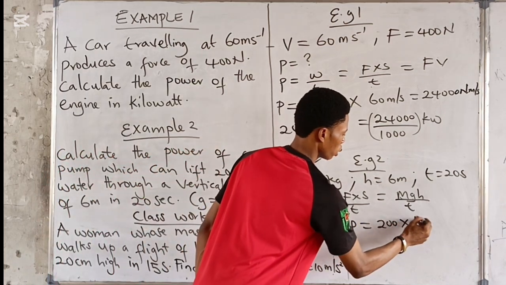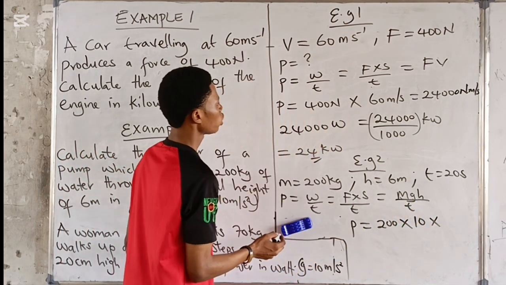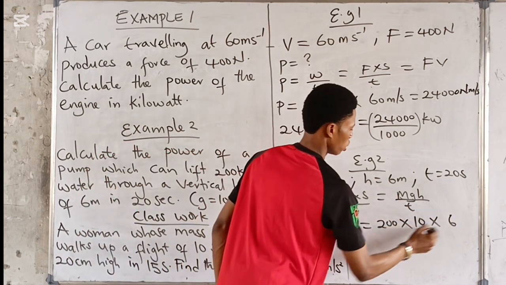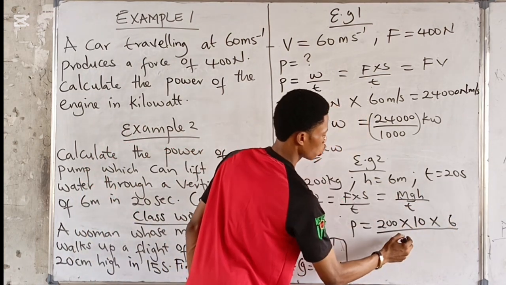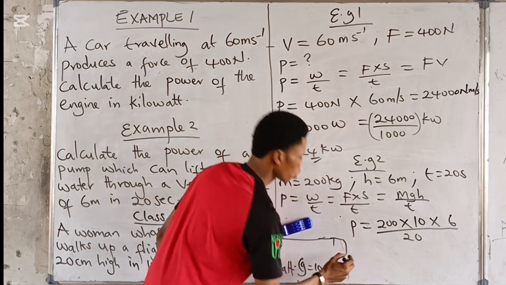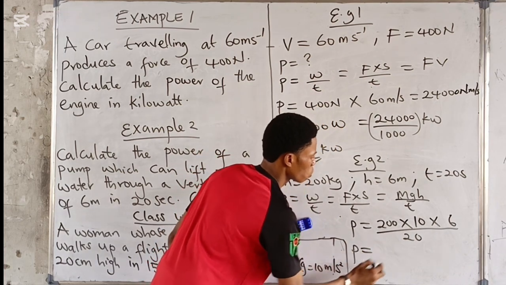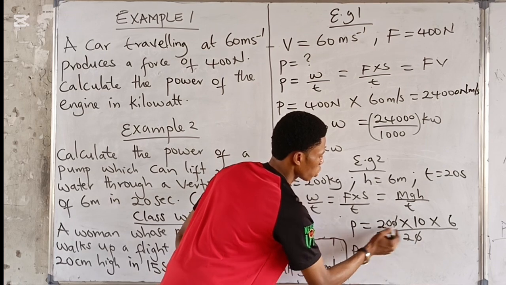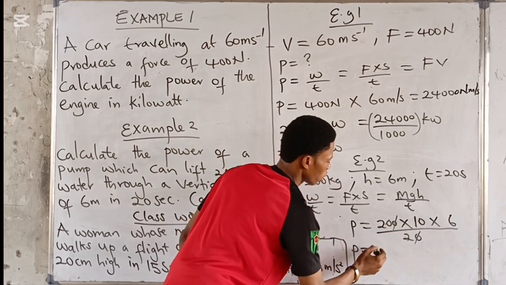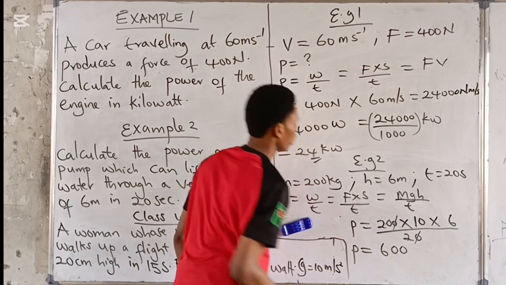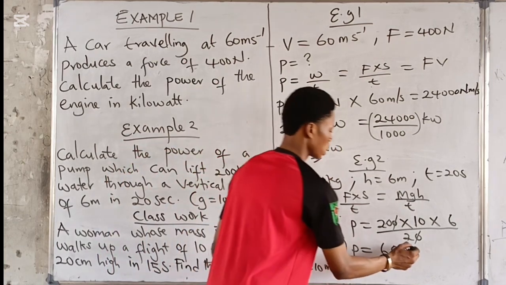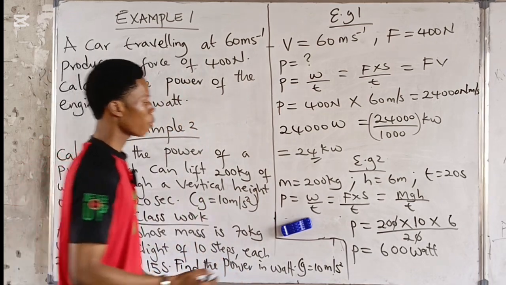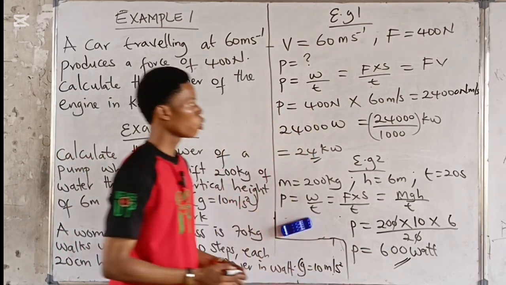So times 10, times h, the height, through a vertical height of 6. Then all over, we're given time as 20. So you notice that power will be equal to, this can cancel this, into this will be 10. So 10 times 10 is 100. 100 times 6 will be what? 600 watts. That is our answer. So the power of the pump is 600 watts.